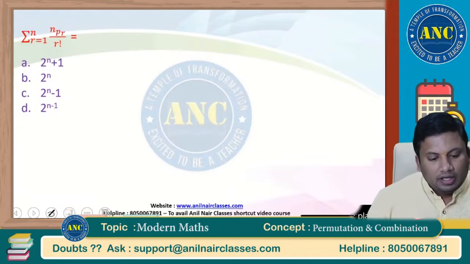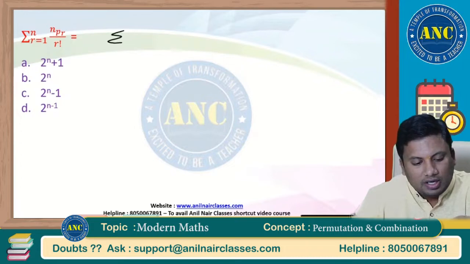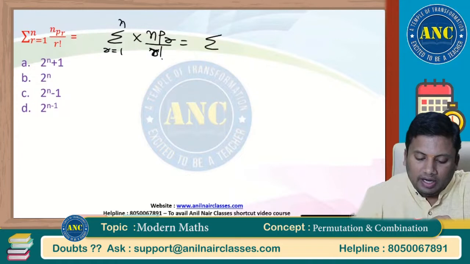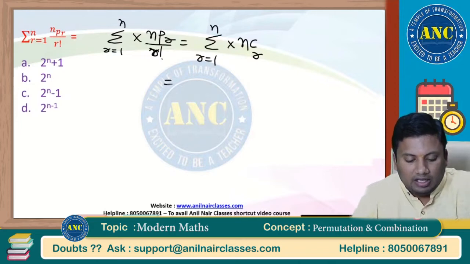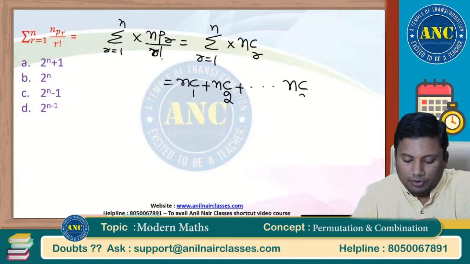First one: the summation r equivalent to 1 to n of nPr by r factorial. Already we have seen it is nothing but nCr. R starts from 1, so NC1, next NC2, and so on up to NCN.